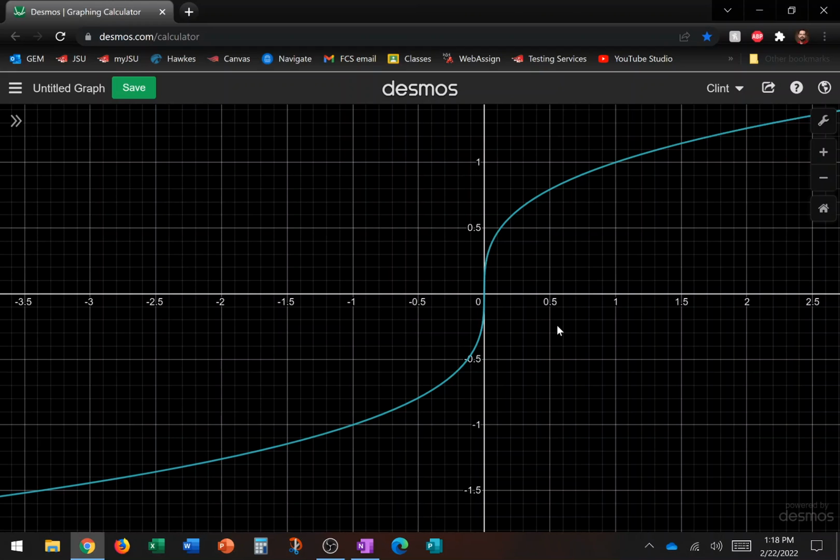Something else to think about is this thing is like when we had x cubed. It looked like that. So this thing is just turned around.